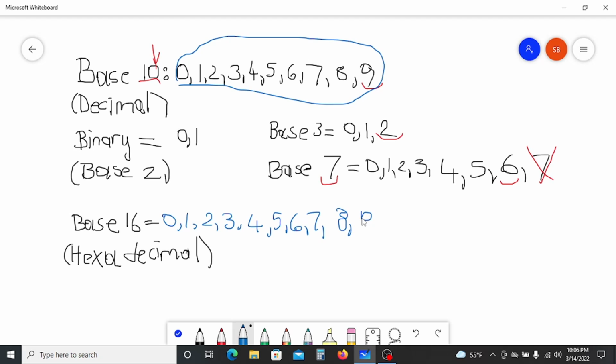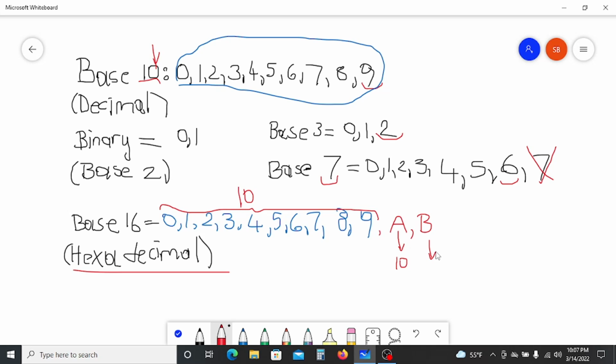How many total numbers do we have in our hand? If you count this, friends, it is 10. Hexadecimal means 16, so more numbers should come. After 9, we have the alphabet A, which corresponds to 10. And B, this is 11.